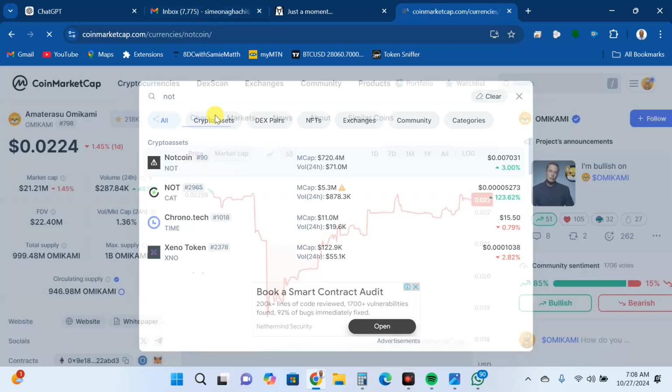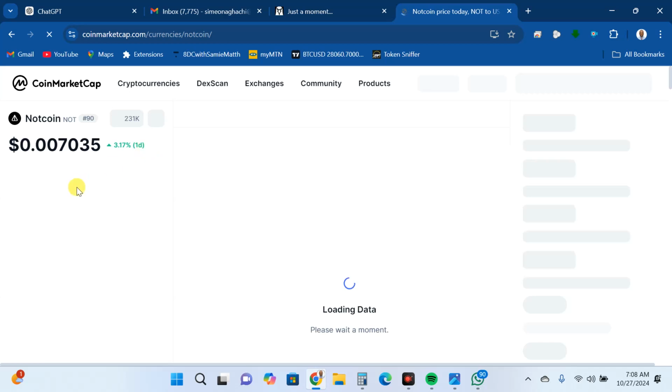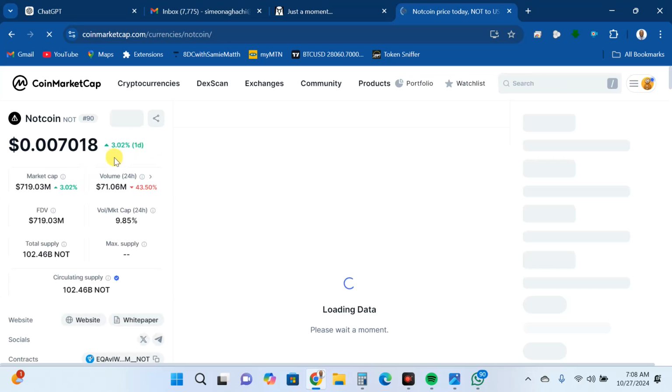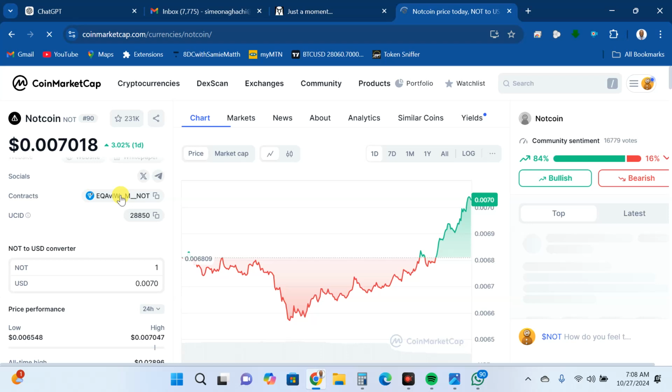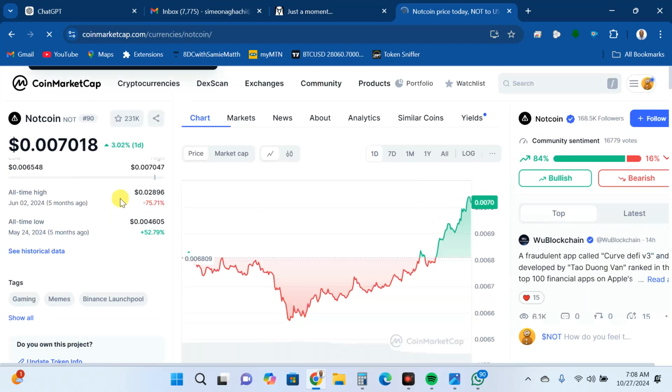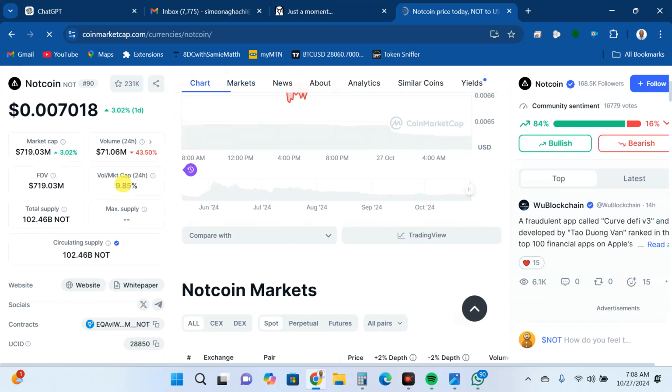I typed Not because that's the ticker for Notcoin. So Notcoin, when you look at the supply metrics, the total supply is 102.4 billion, and the circulating supply is 102.4 billion. You can see how good the supply metrics of this coin are.